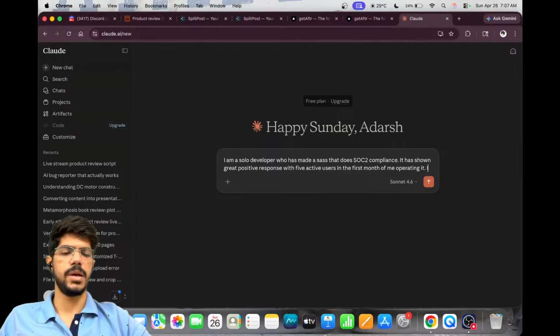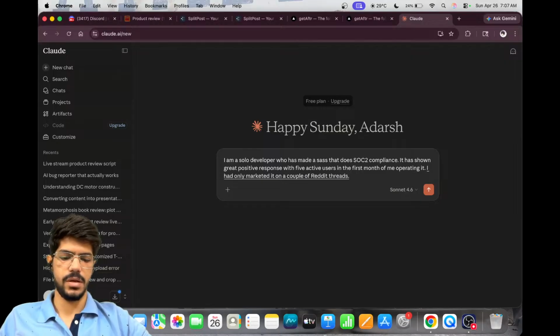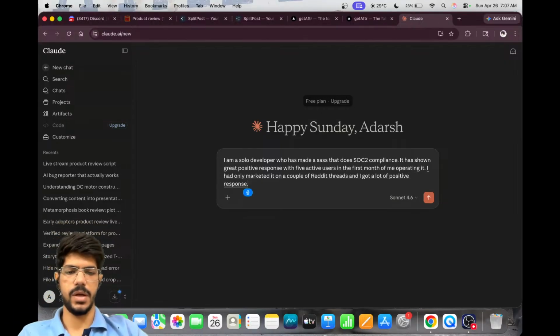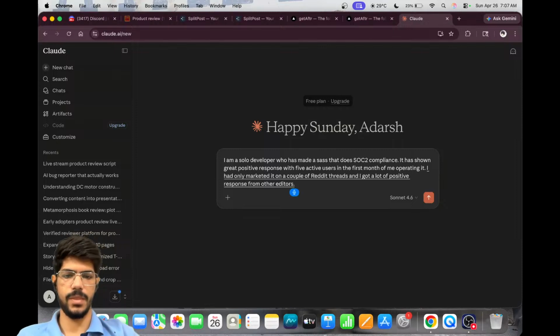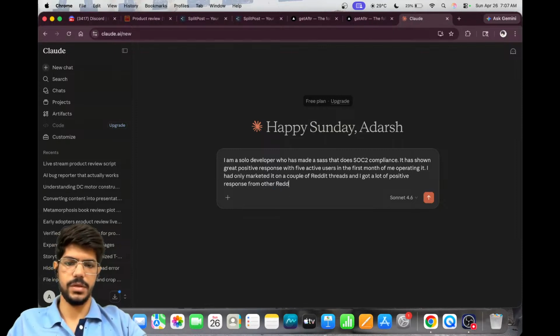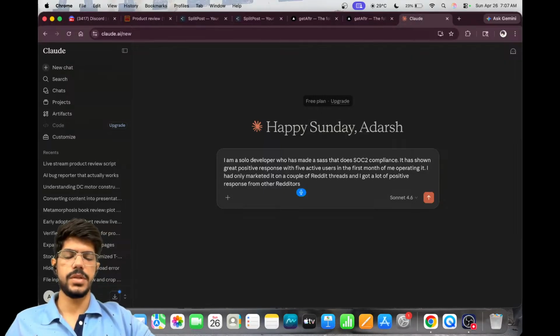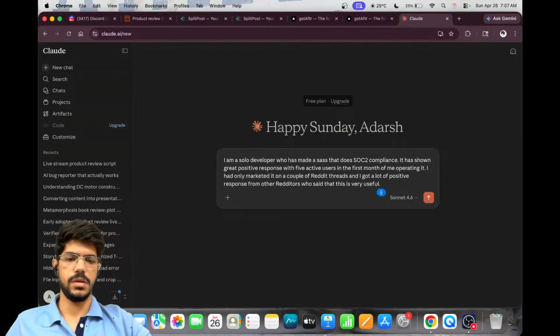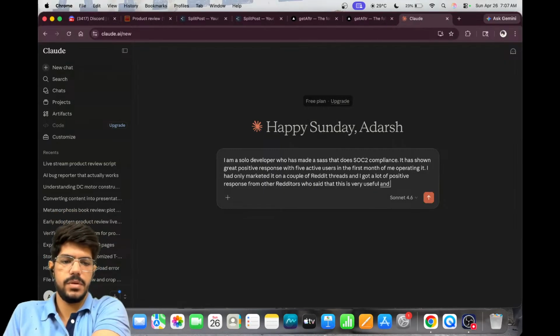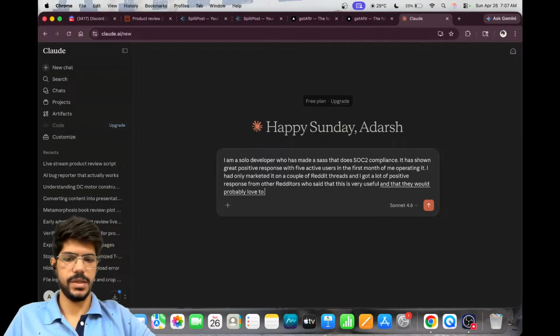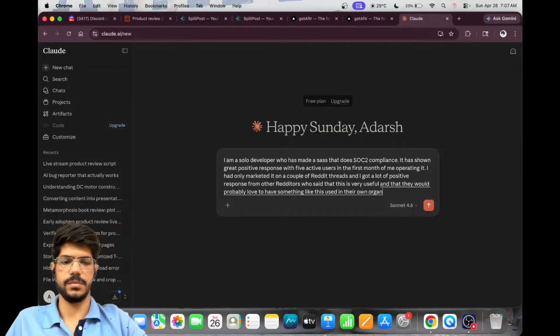I had only marketed it on a couple of Reddit threads and I got a lot of positive response from other Redditors. Okay, it messed up here. Redditors who said that this is very useful and that they would probably love to have something like this used in their own organization.